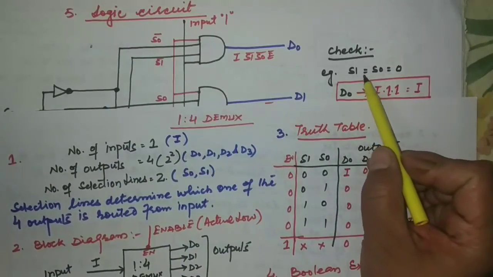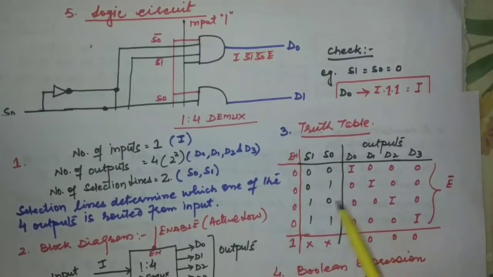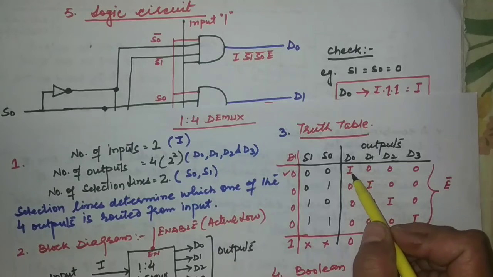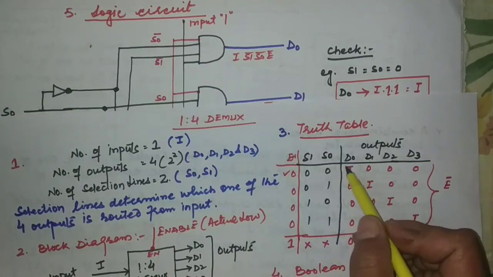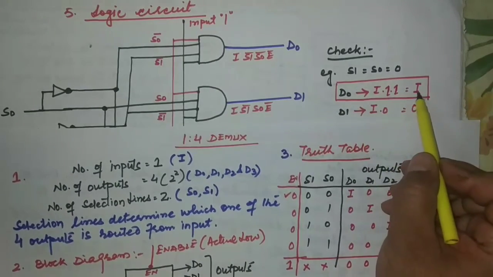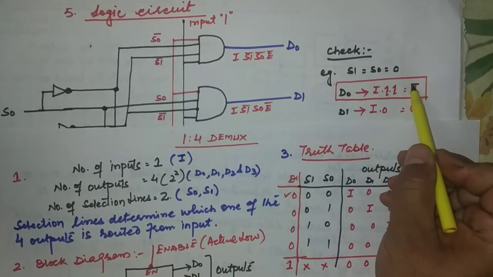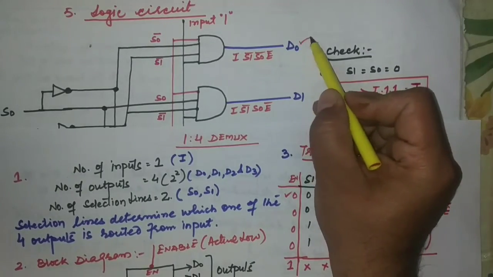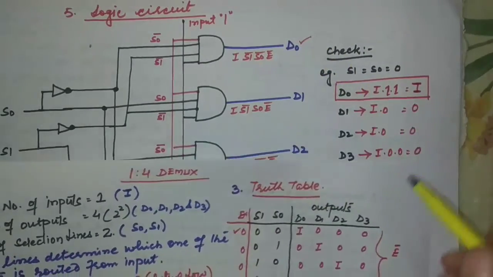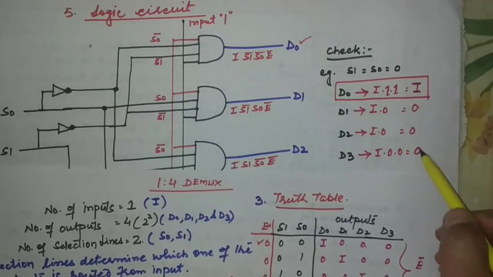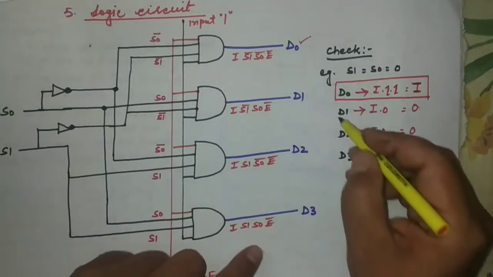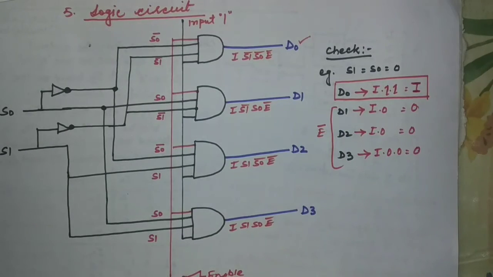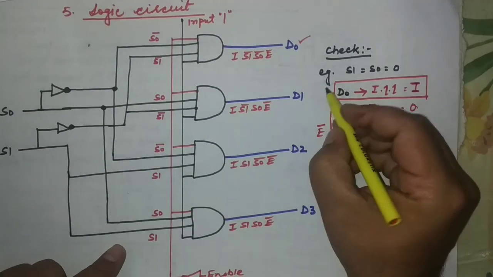Whatever the input data is, it is routed through D0, and for the others it is 0. For all this, the enable is at active low.